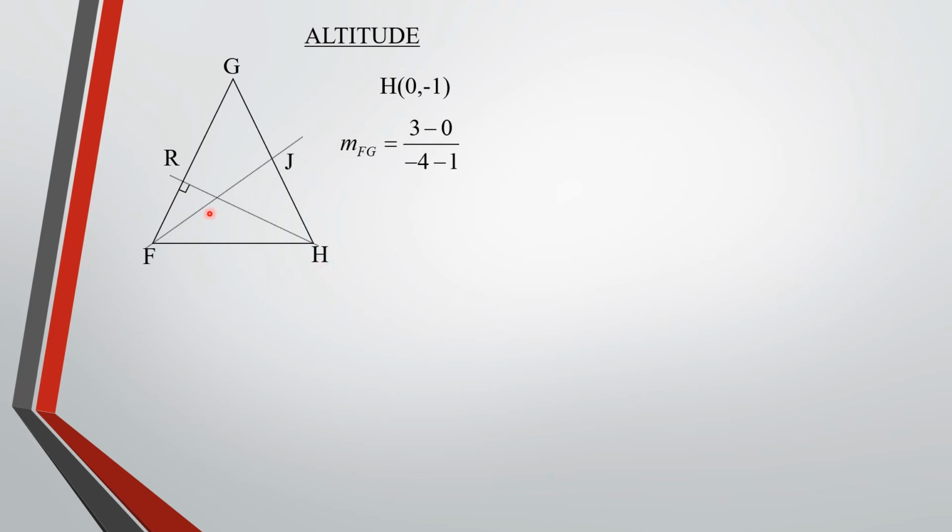So since gradient of RH is perpendicular to the line FG, you can find gradient of FG and use m1 times m2 equals -1 to find gradient of HR. Okay, so to find gradient of HR, it would be -1 divided by -3/5, which will result in 5/3.